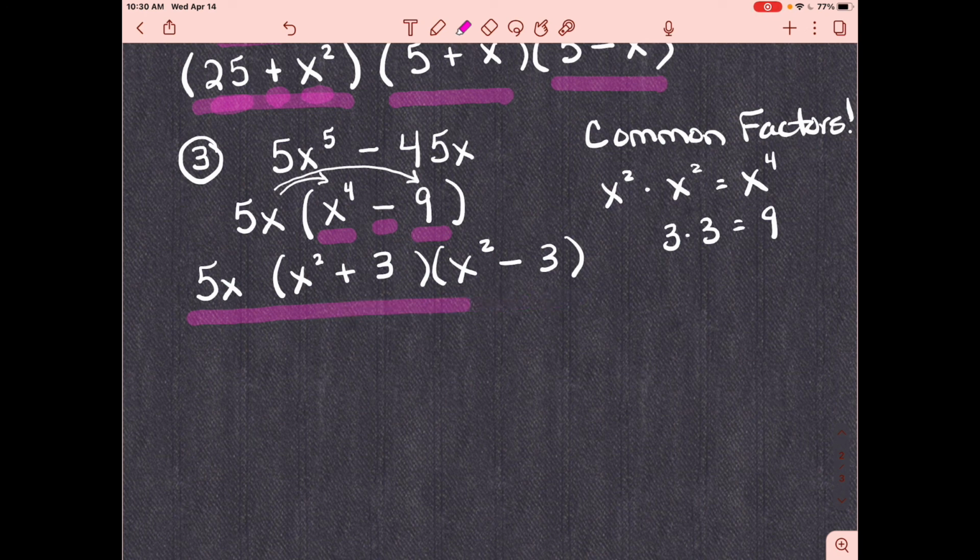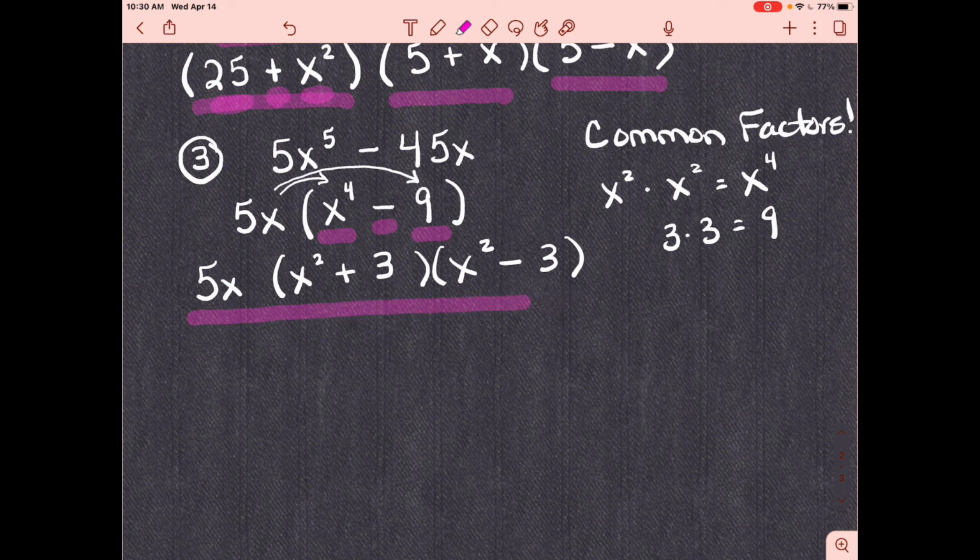So I'm going to need to factor this one some more. 6a plus 1 is just fine the way it is, but a squared minus 16 is going to be a plus 4 and a minus 4. Okay, 4 is still a perfect square, but a is not. And so we are finished factoring.